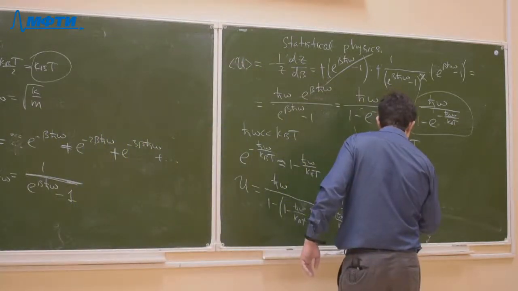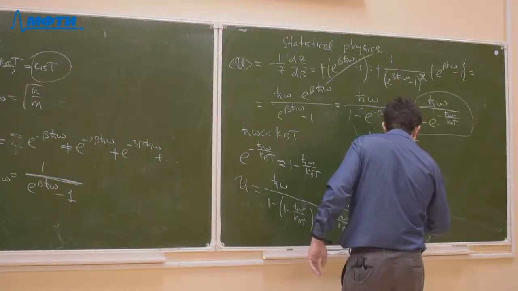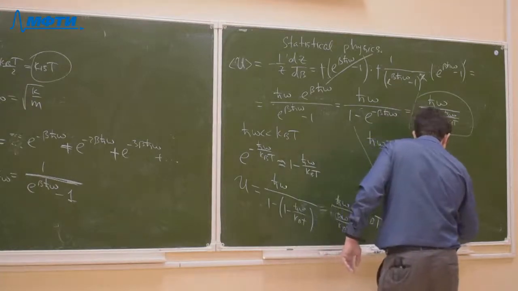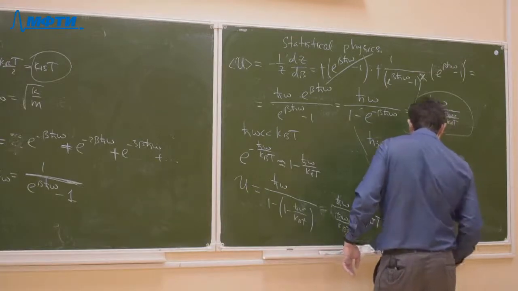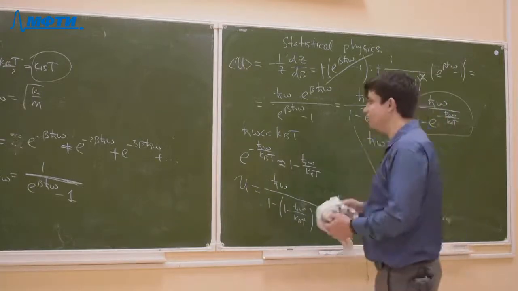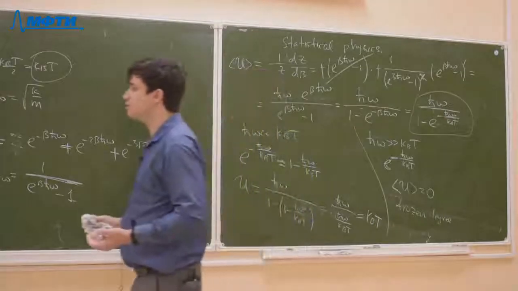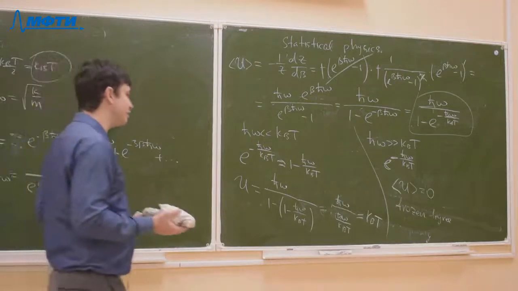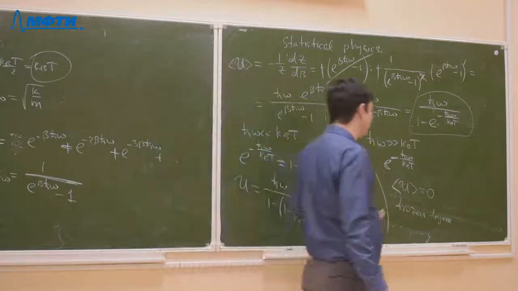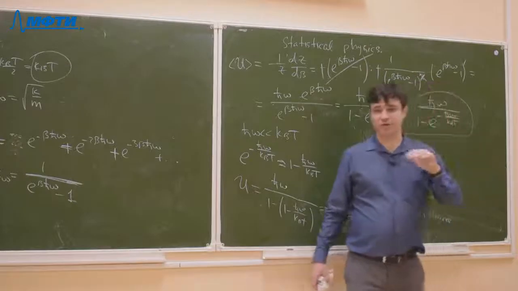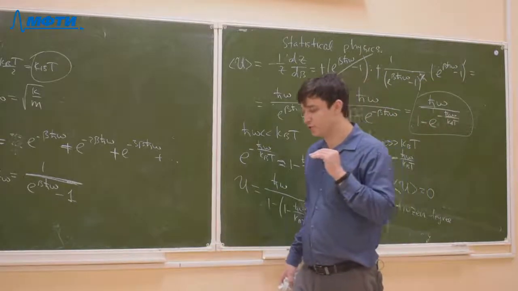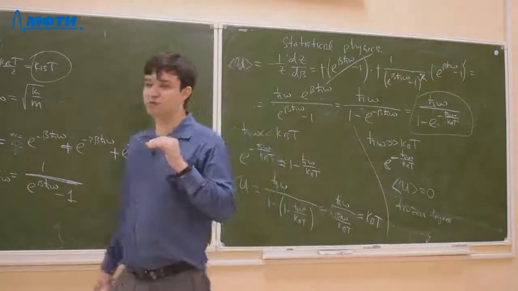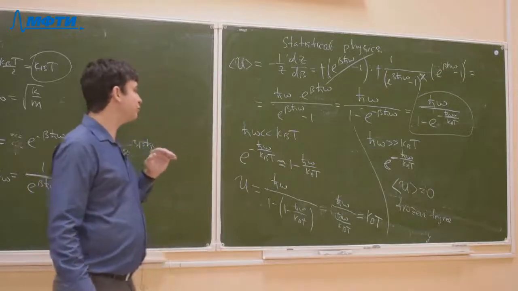So this means that this degree of freedom becomes a frozen degree of freedom. So when you have a motion in a limited volume in space, we have a quantization. But when this motion is quantized, then when temperature goes below the quantum of energy of this motion, it leads to the freezing of this degree of freedom.